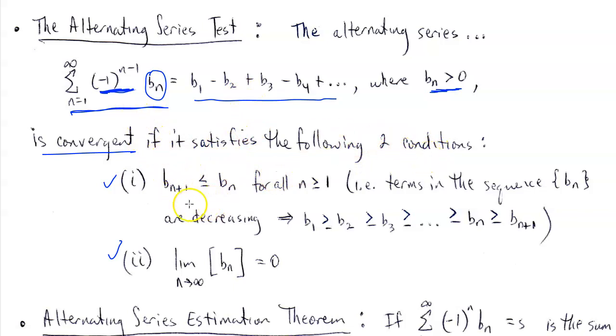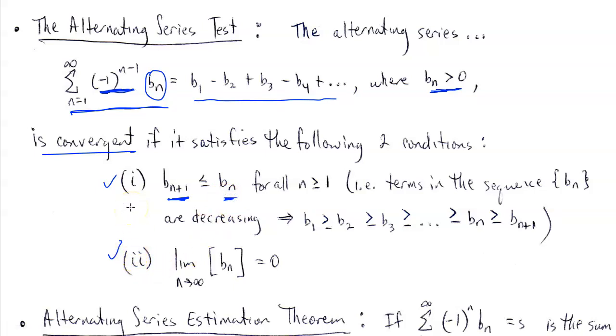The first condition here is that the current value in the sequence is always going to be a number smaller than, or at the very least equal to, the number that precedes it.